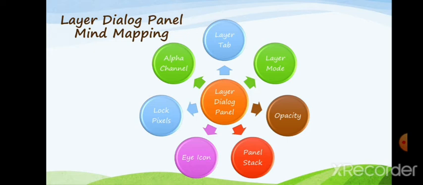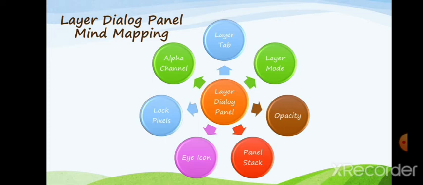Now the last one is lock alpha channel, which is for locking the particular opacity options. It's a toggle key to prevent painting on the selected layer when it is switched on. When you use lock pixels, it will lock the pixels and doesn't allow you to draw anything more.